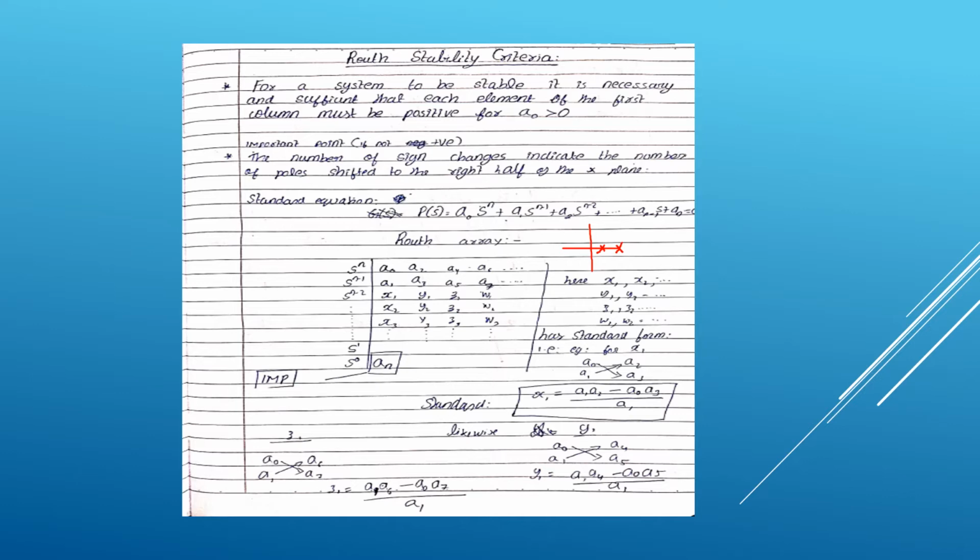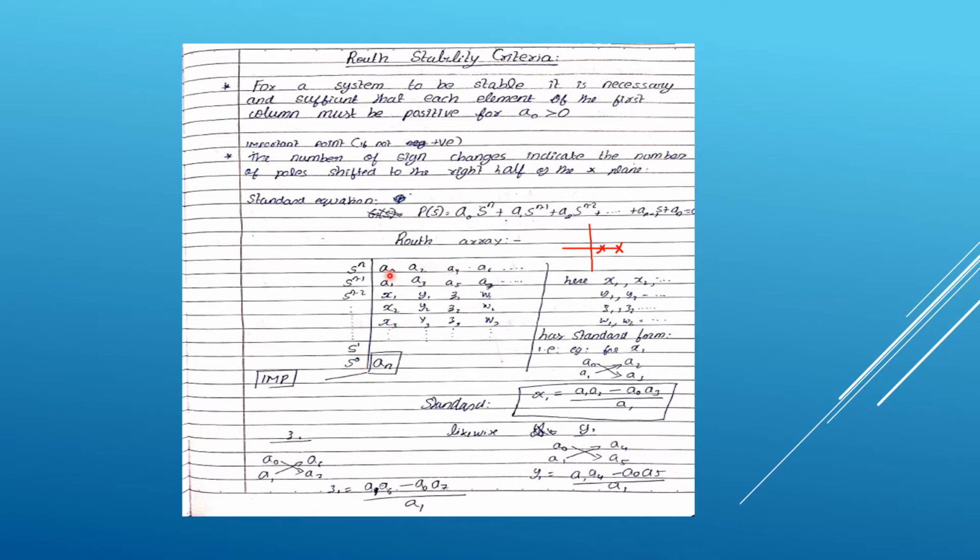Then I'm going to discuss the Routh array. In the Routh array, first we need to write s^n, s^(n-1), s^(n-2) from the standard equation a0 s^n + a1 s^(n-1) + a2 s^(n-2) + ... + a(n-1) s + an s^0 = 0, down to the last row s^0.